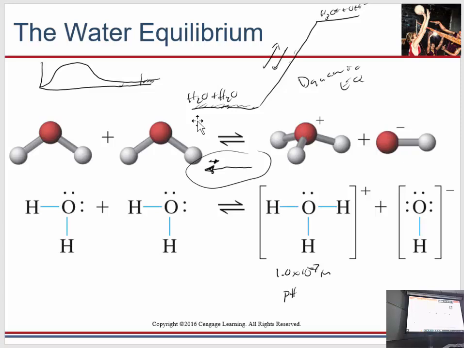This is going to give us pH equal to 7.00. We want 2 sig figs here. And it forms in a 1-to-1 mole ratio with hydroxide. So we're going to have 1.0 times 10 to the minus 7 molar hydroxide. And this gives the power of the hydroxide concentration, pOH, of 7.00.